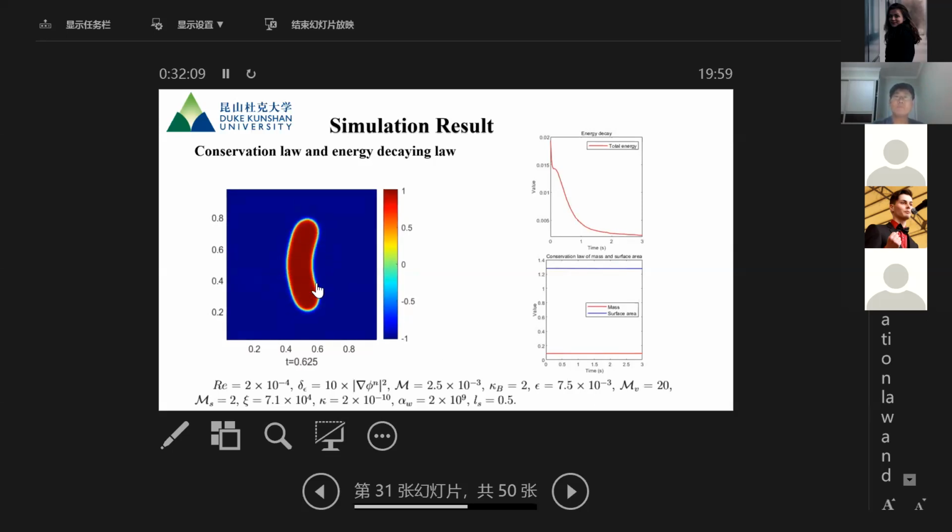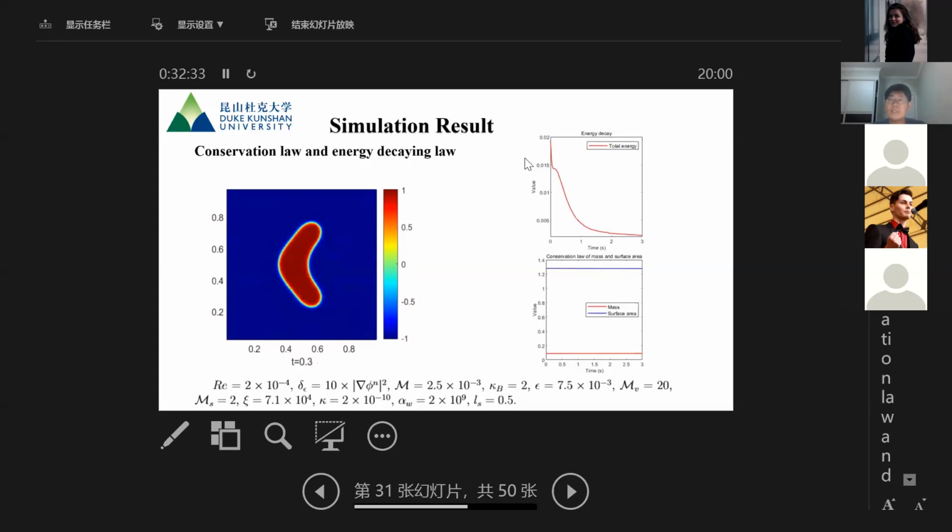Another important thing in the numerical analysis is that the simulation needs to run a long time, and we do not want it to break. So in order to make sure my system is always stable, we need to check the total energy of the system.